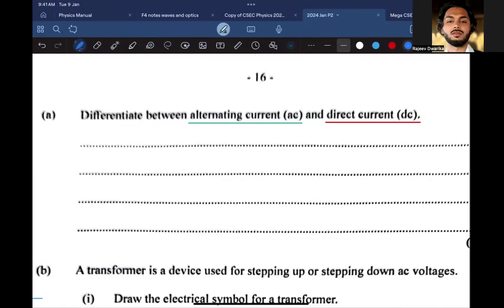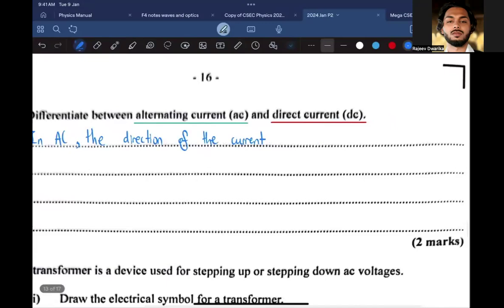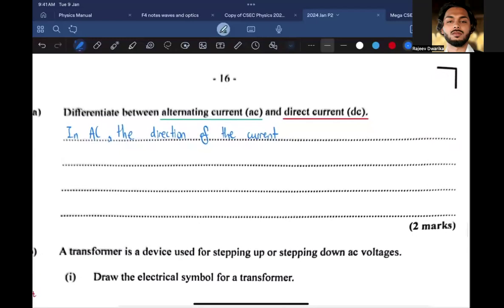With that being said, let me write down the definitions. In AC, the direction of the current, let me finish my sentence. In alternating current, the direction of the current is what?